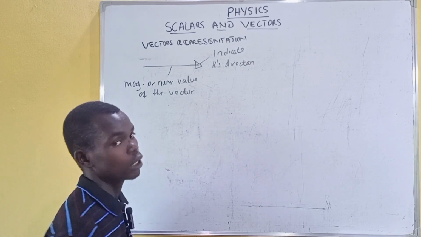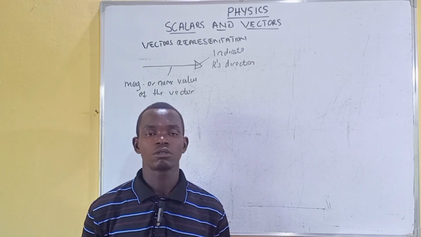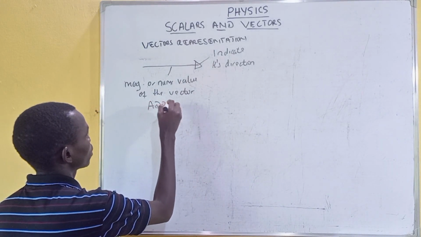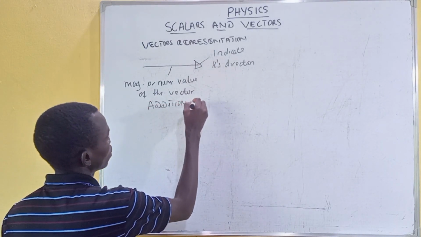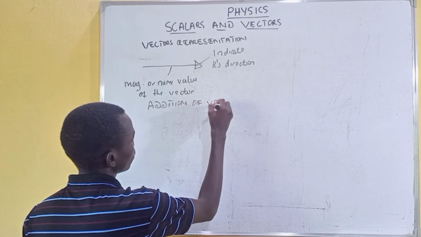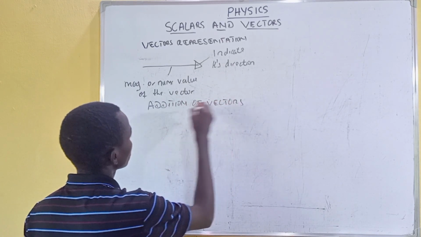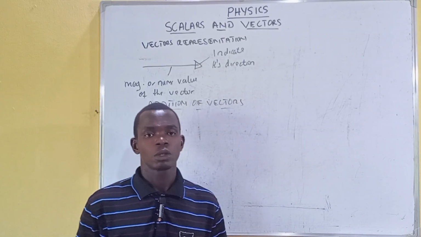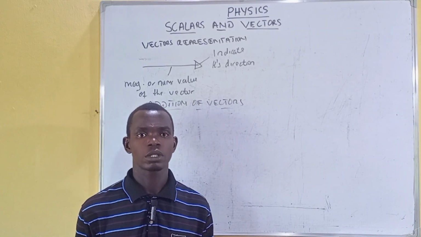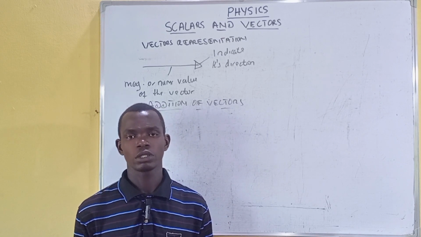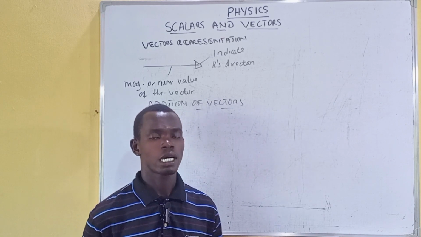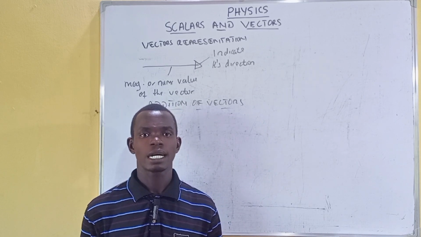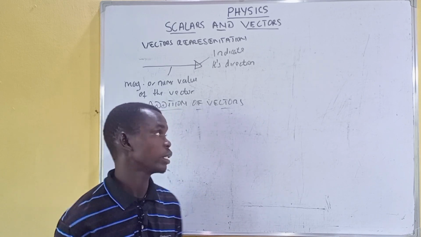From here, we'll talk about addition of vectors. Under the addition of vectors, we talk about when two vectors are moving in opposite or the same direction, and also when two vectors are inclined at an angle to each other.